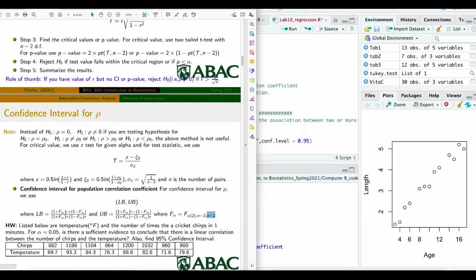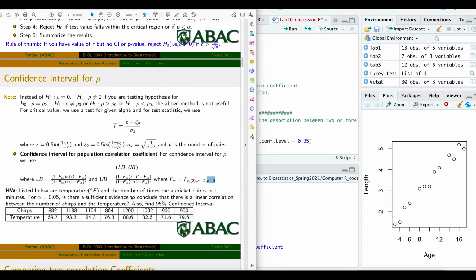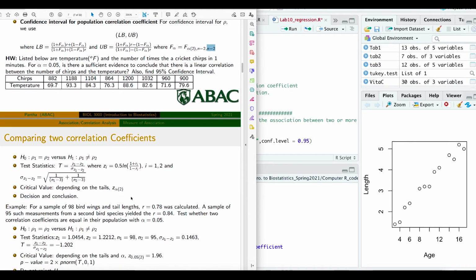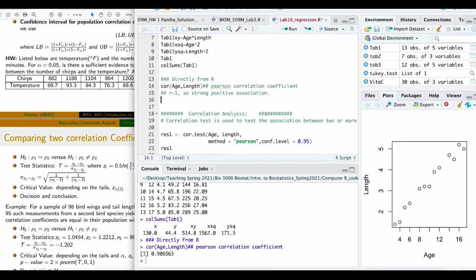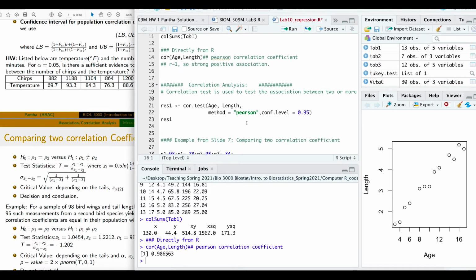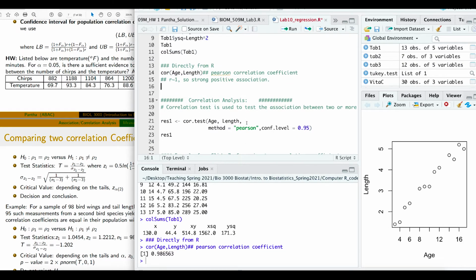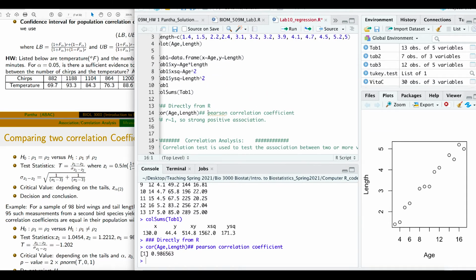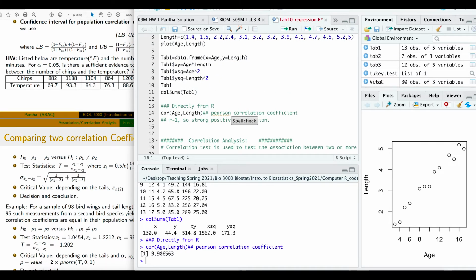So there is a homework problem, I will ask that, but before that, let's see what I have. I want to show you what the hypothesis testing will be, because we just saw that in the sample, the correlation coefficient is 0.98, which is close to 1.